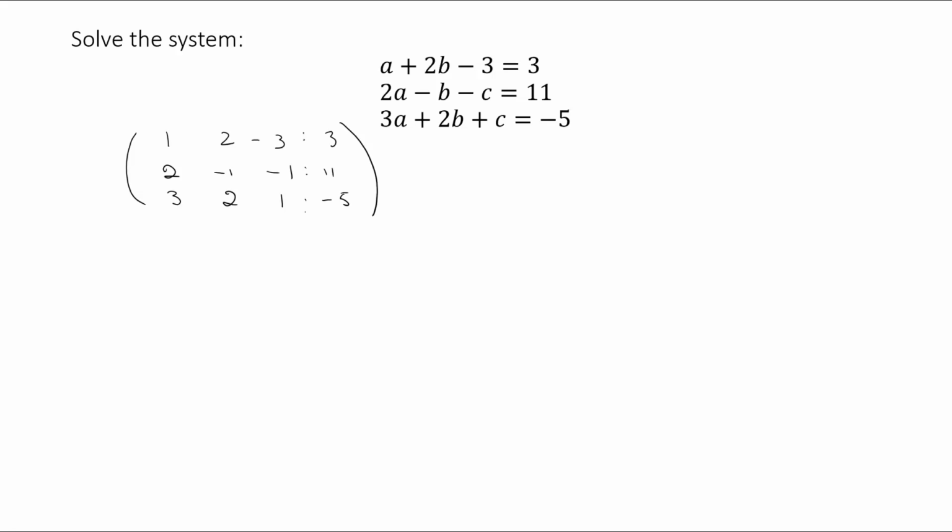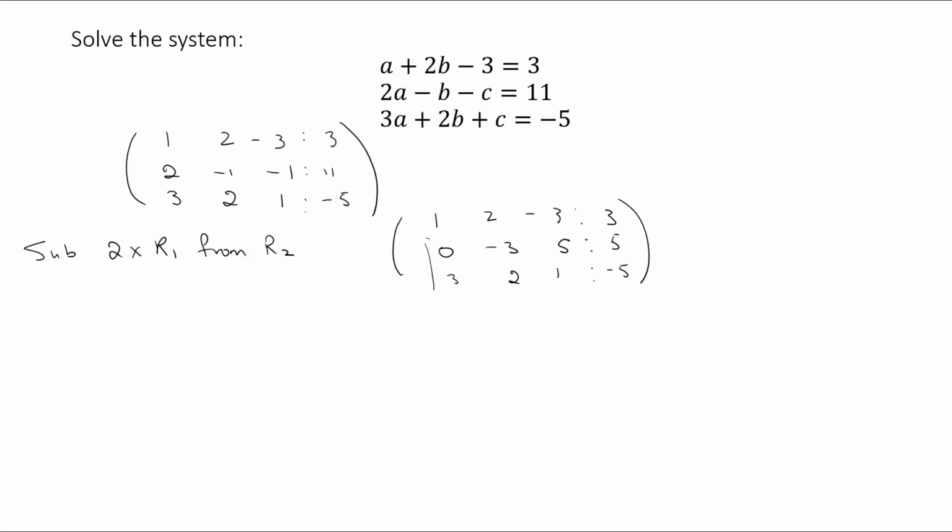Like that. Now, what we can do is we can subtract 2 times row 1 from row 2 to give, because what we want to do is we want to get this bottom corner here all zeros.